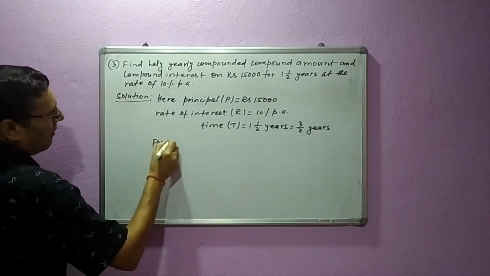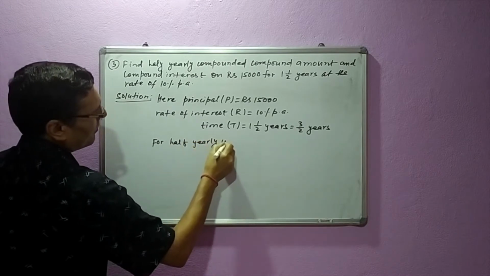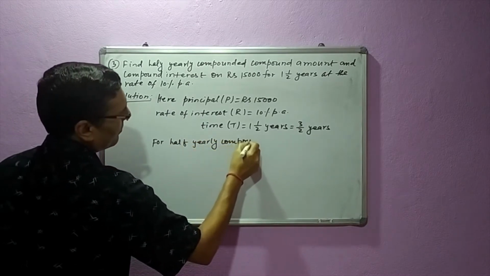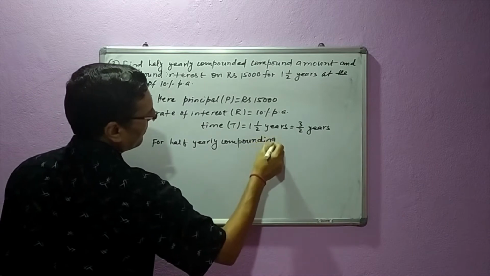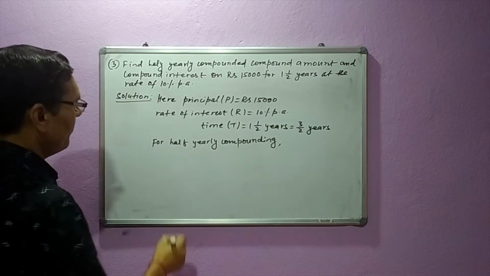For half yearly compounding, we are finding the amount first.